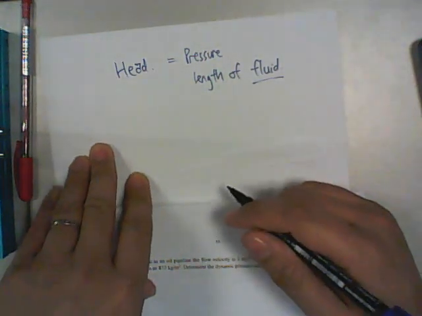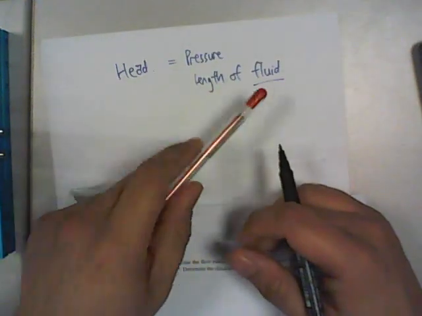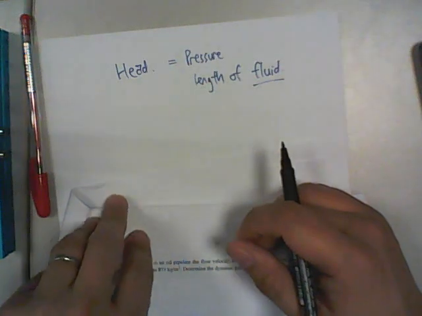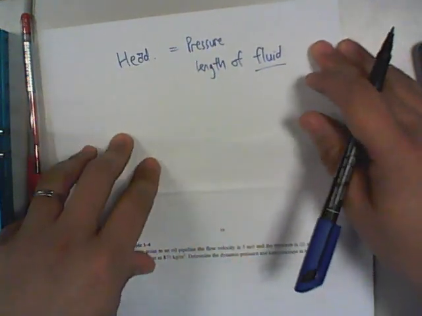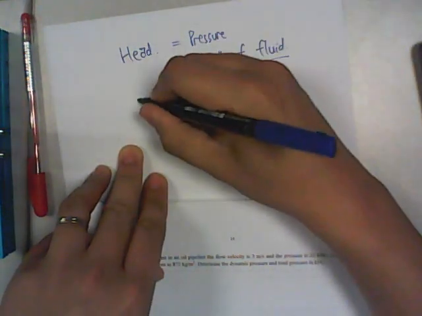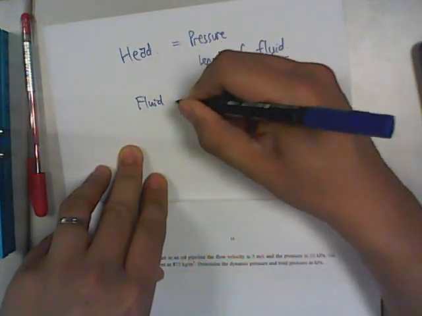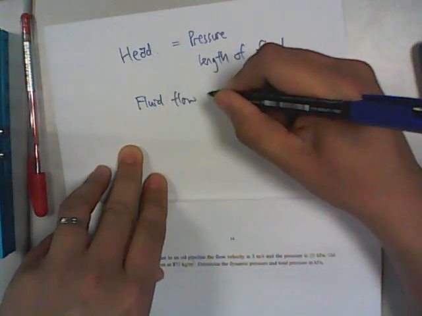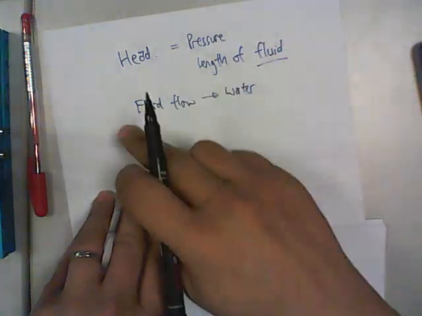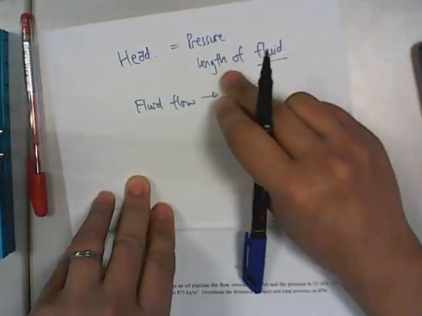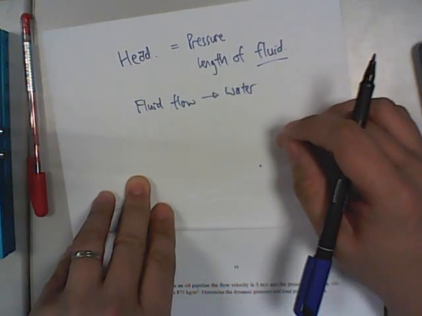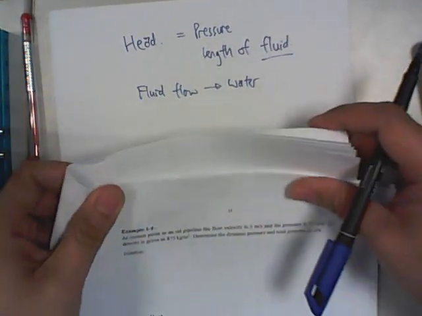And this fluid must not be mixed up with the flow, the actual fluid that you're talking about. What do I mean? I may be talking about the fluid flow, that is water. But when I measure the pressure head, I can be in meters of oil. So there are different fluids involved.